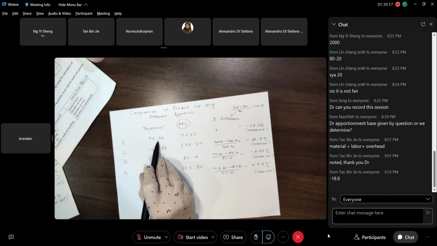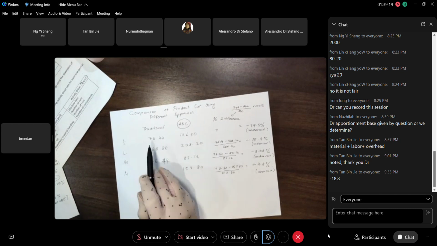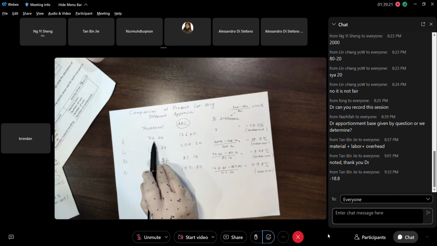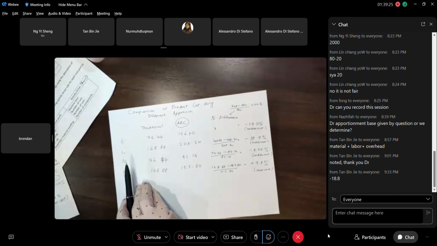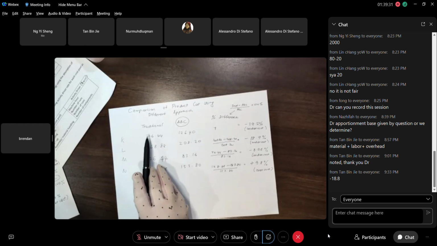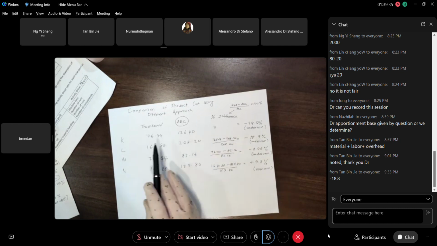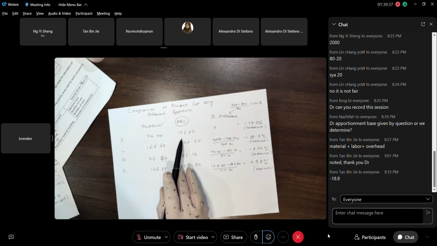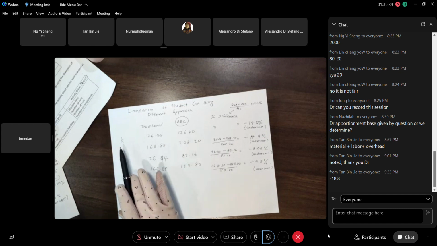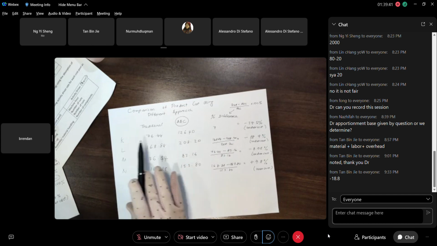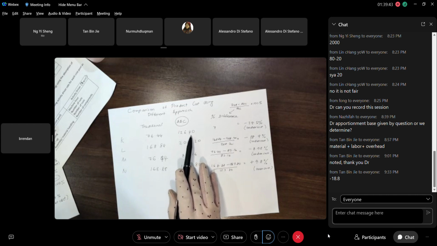This is the traditional, this is ABC. So under cost, what is the meaning of under cost? You refer traditional to the ABC. If you use traditional approach, so you have done under cost, because actually the cost that need to be absorbed by K should be 126.40.